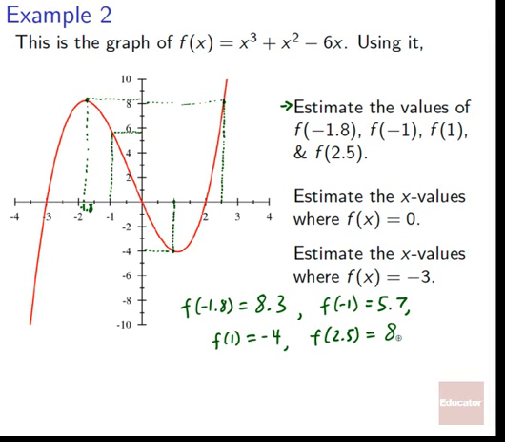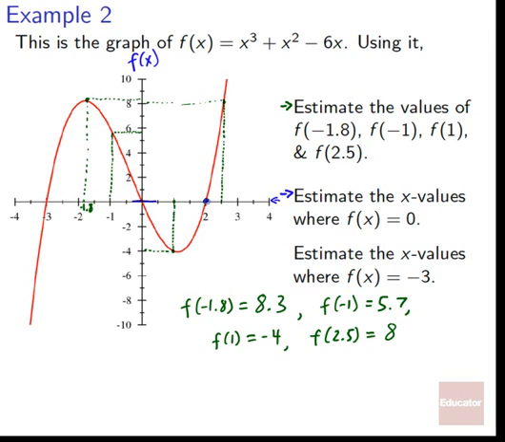Now let's look at estimating the x values for f of x equals 0. So we'll do this one in blue. Estimate the x values where f of x equals 0. So what is f of x equals 0? Well, remember, the vertical axis is f of x. That's the output. So if that's the case, then we're looking for everything that is at the 0 height, which is the same thing as the x-axis, if it's crossing the x-axis.